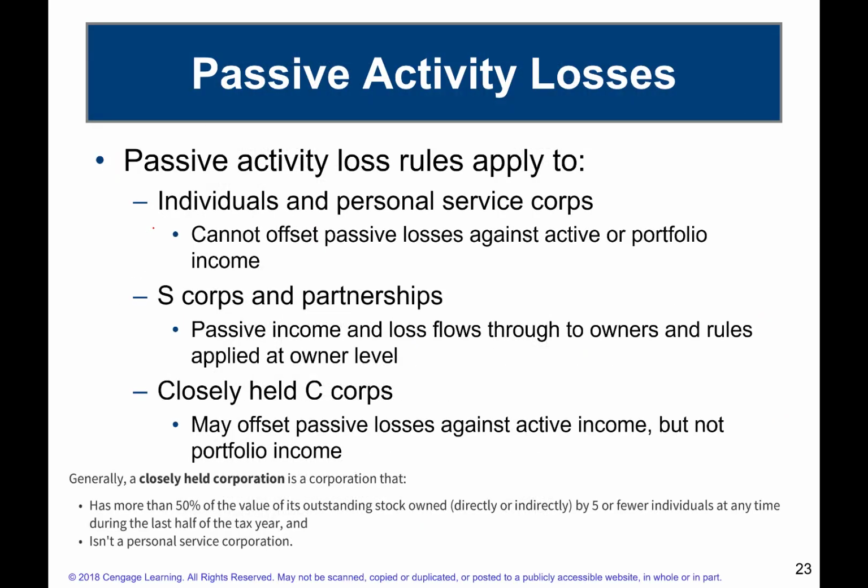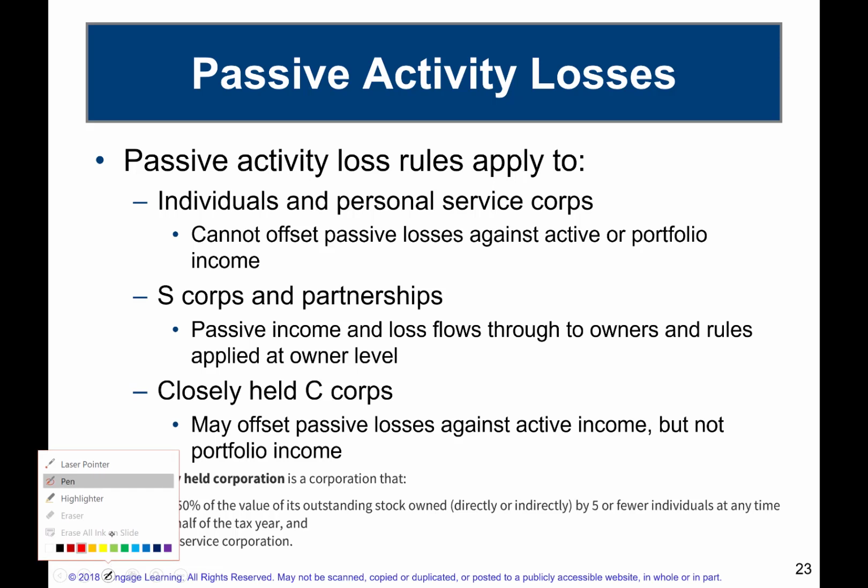Okay, passive activity losses. A little bit more of a favorable treatment for the corporations in that what? With our passive activity, we couldn't back them off of what? For individuals, we weren't allowed to back them off against our active or our portfolio income.